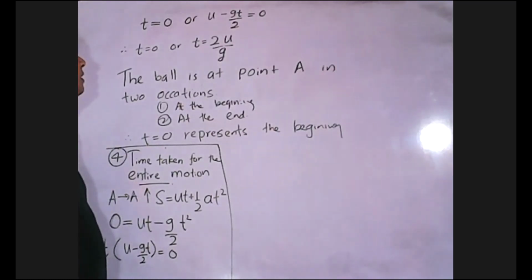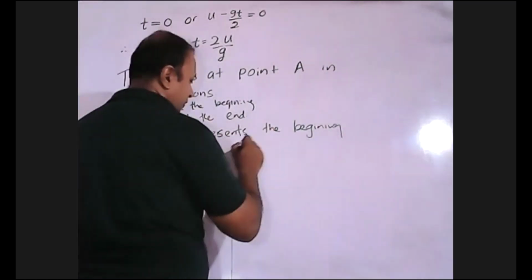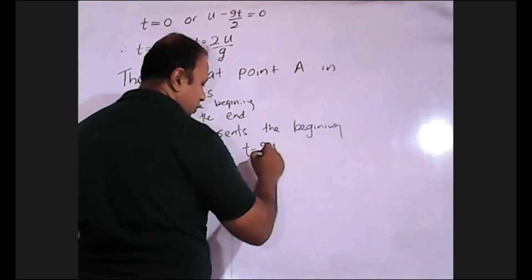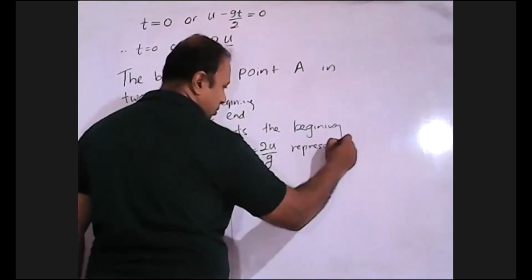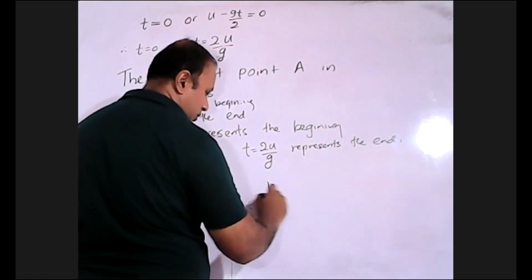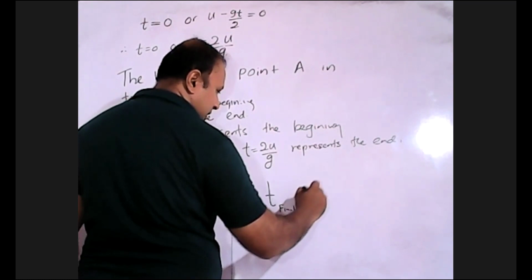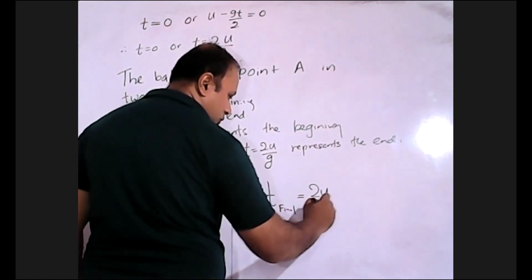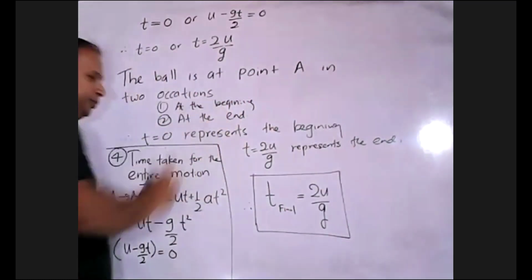So t equal to 2u over g represents the end. Therefore, t final is equal to 2u over g.